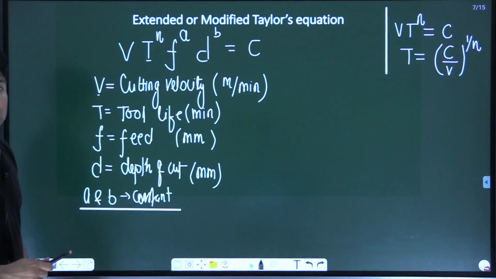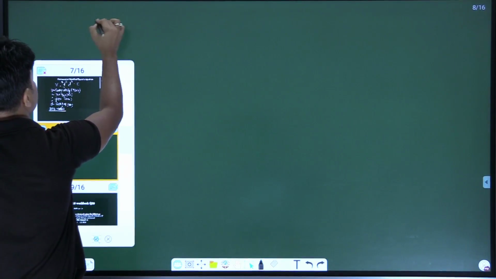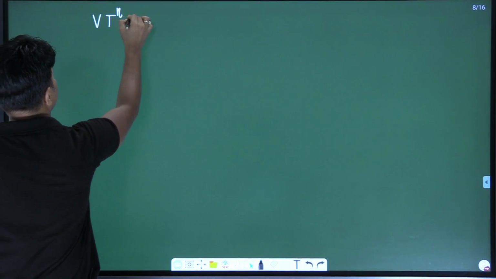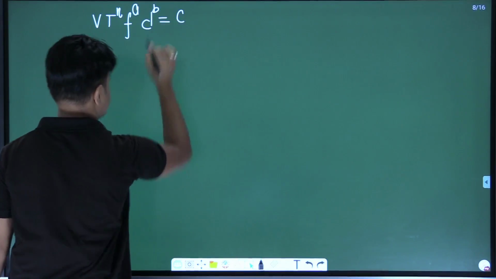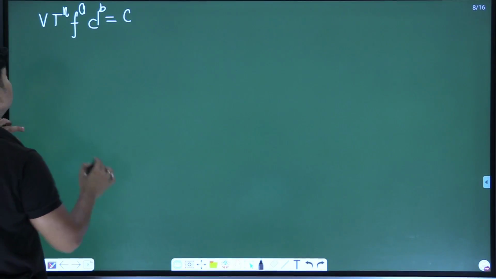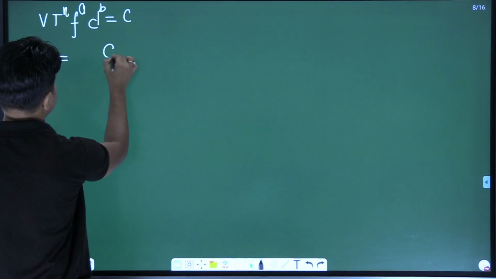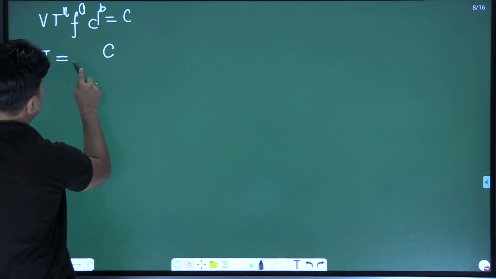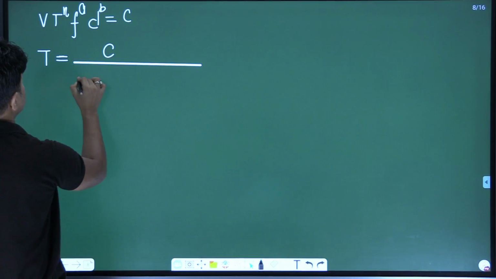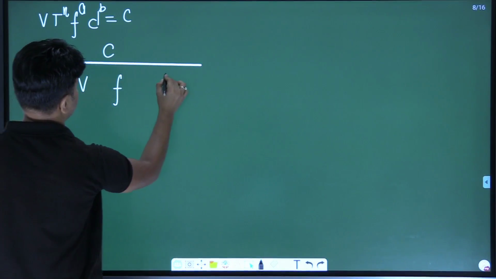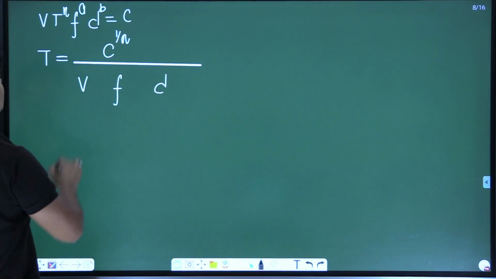Now, what does the equation say to us? Again I am writing V T to the power n, F to the power A, D to the power B equal to C. Now, what will be the tool life? Tool life you can write, T equals C divided by V, F and D, and the power is 1 by n.